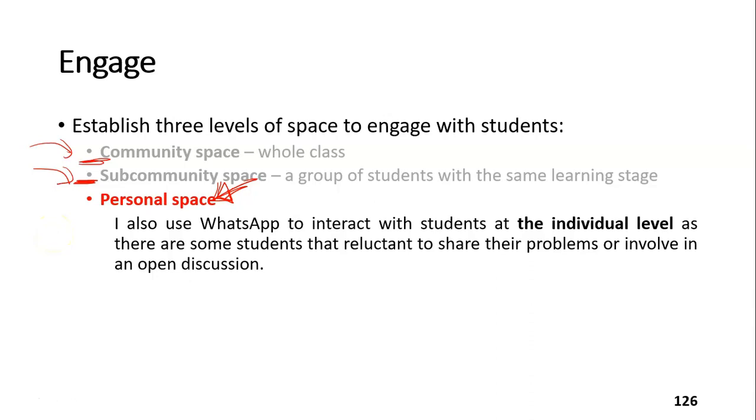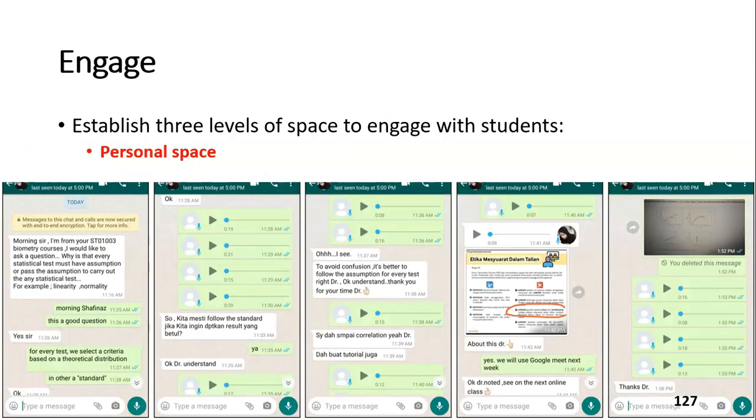So this is very important. It reduces our burden, and I'm pretty sure that there is a group of students who are quite far ahead and are willing to help their classmates. This is one example of why the personal space is very important, because different students have different needs. Some students maybe cannot describe their problem properly.